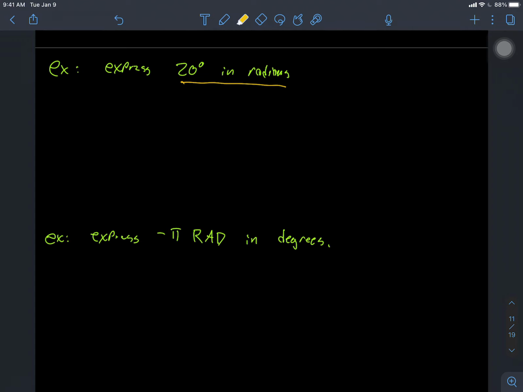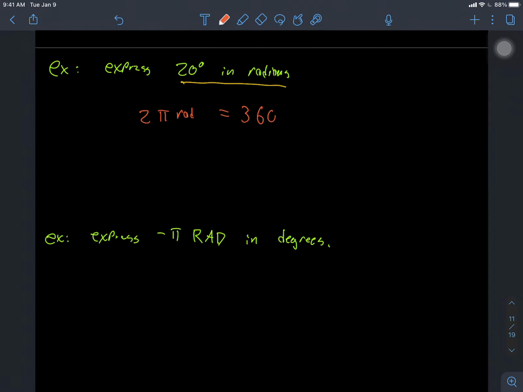Or if you have 100 degrees Celsius, what is that in Fahrenheit? Same deal here, we're just going to switch between forms. And the way we switch between forms is by manipulating the equation which equates an amount of radians to an amount of degrees.